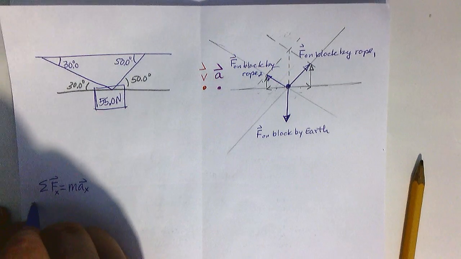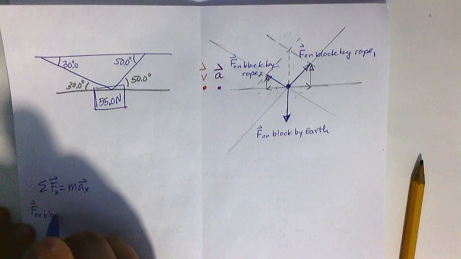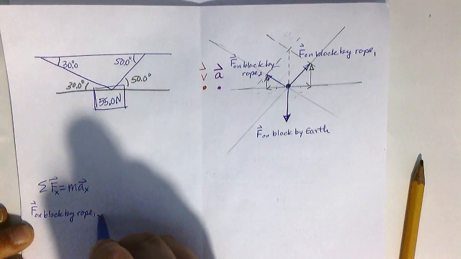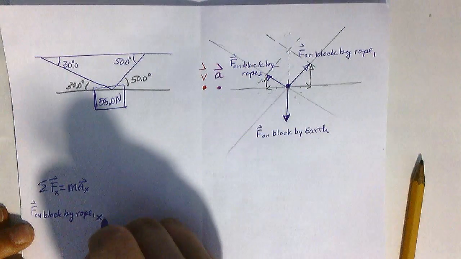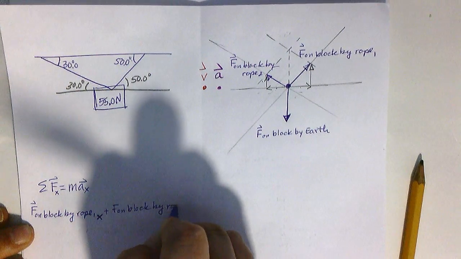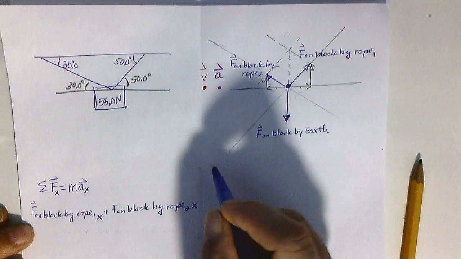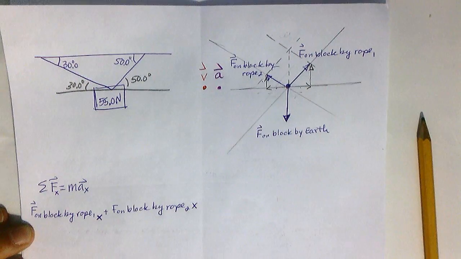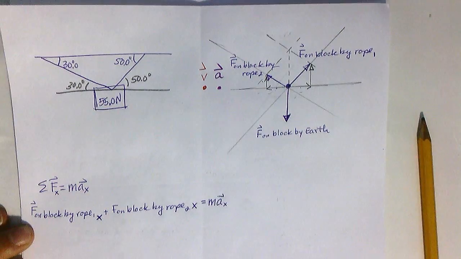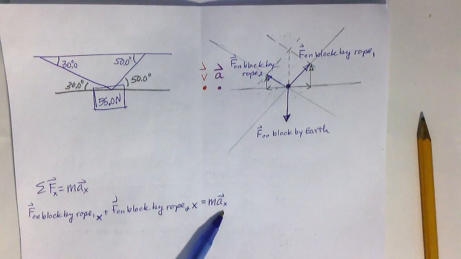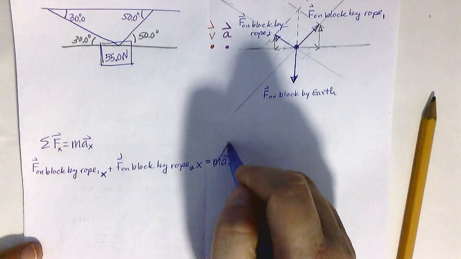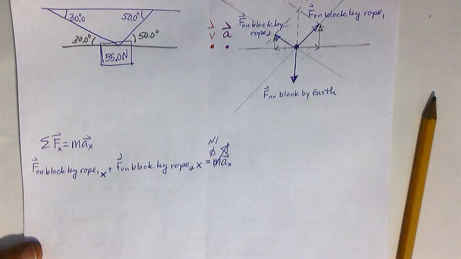So I'm going to have force on block by rope 1 subscript x to show me it's in the x direction, plus force on block by rope 2 in the x direction, this piece right here, and we're going to set this equal to ma sub x. Am I accelerating in the x direction? No, there's no acceleration, Newton's first law.